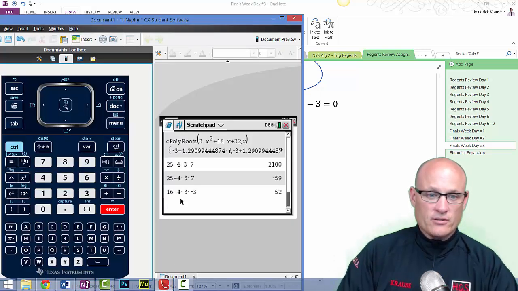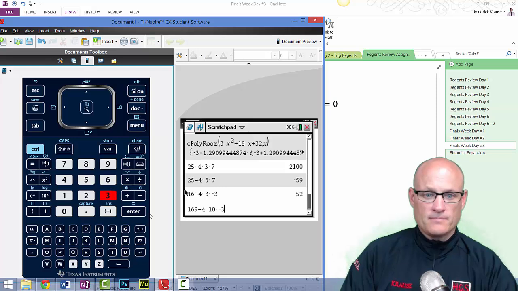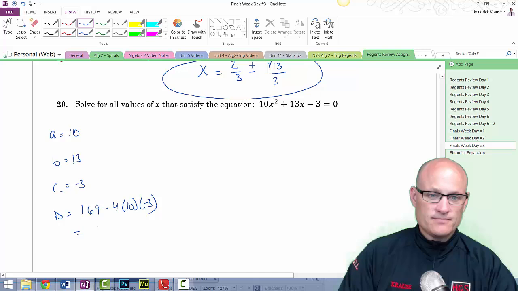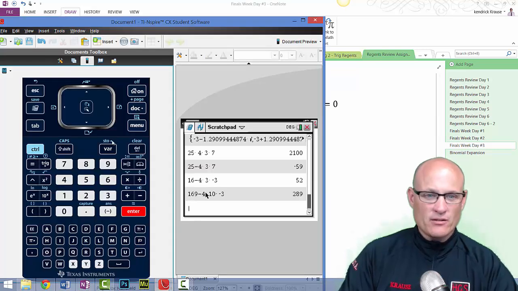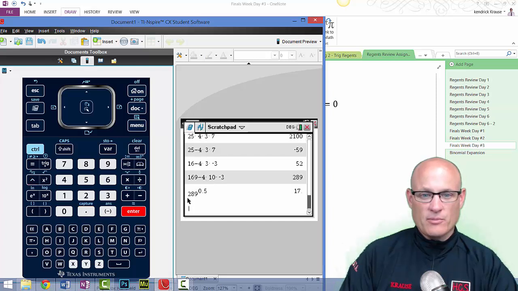So calculator: 169 minus 4 times 10 times -3 gives 289. I'm relatively certain that's a perfect square. 17 squared. By the way, if you raise something to the 1/2, it's the same as taking the square root.